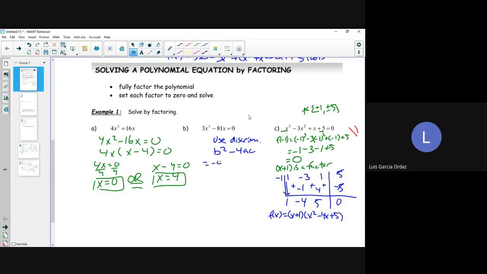So we have -4 squared minus 4 times 1 times 5. Usually, the discriminant is negative when both a and c are positive numbers that are bigger than b. So we got 16 minus 20, which equals -4, which means you cannot factor.